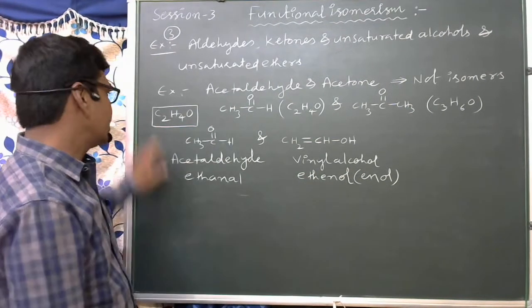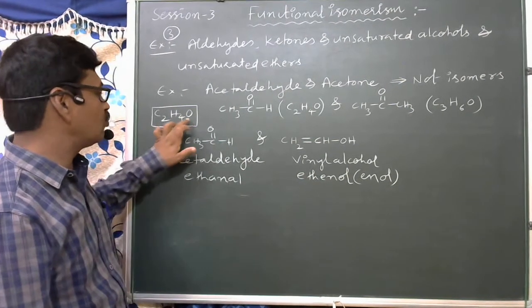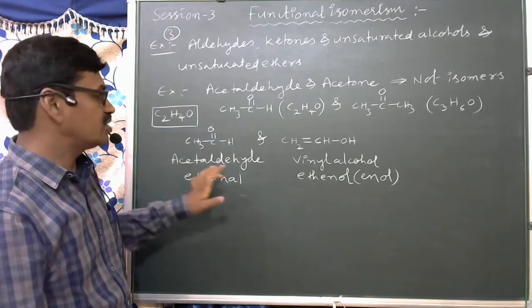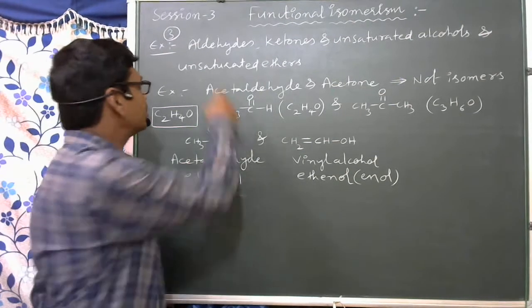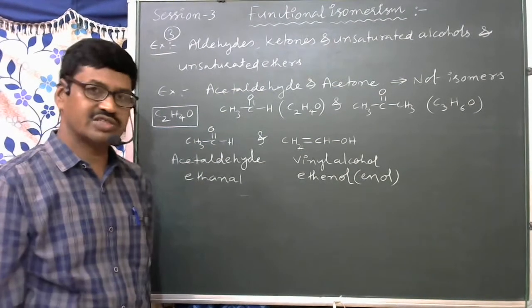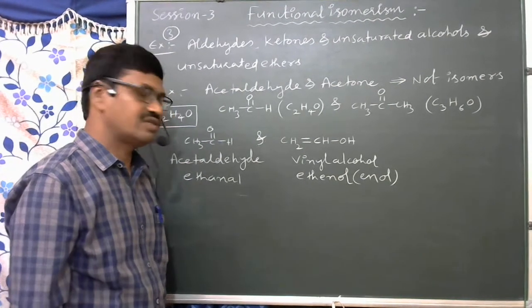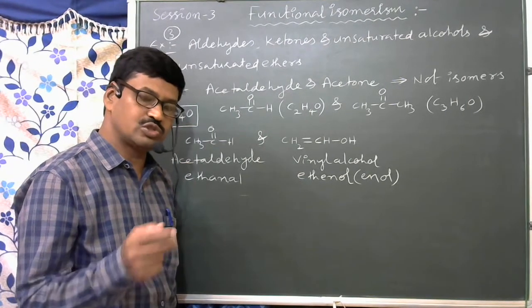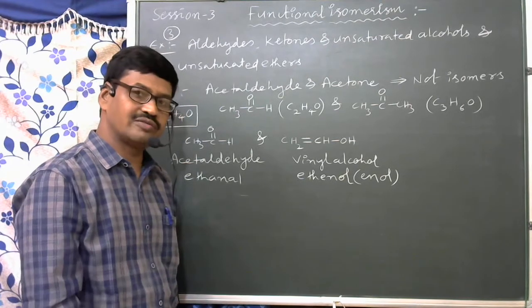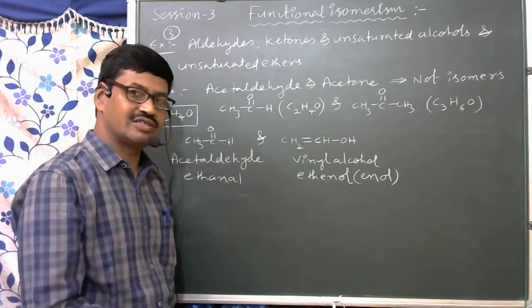So acetaldehyde, C2H4O, shows functional isomerism with which one? Unsaturated alcohols. Is an unsaturated ether possible? Unsaturated ether is not possible. Unsaturation means there should be a minimum of two carbon atoms with a double bond between them, and one more carbon should be there in ethers.